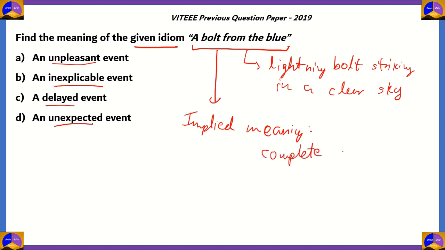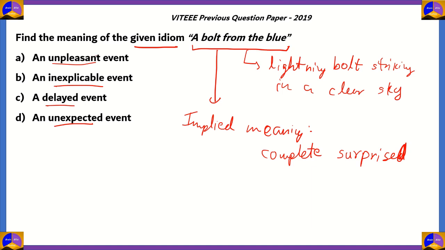So you're completely surprised by, say for example, your friends buying you something for a birthday present. So you can say that this was a bolt from the blue. So this was a complete surprise. So let's look at the four options and which of these would be close enough to a complete surprise.